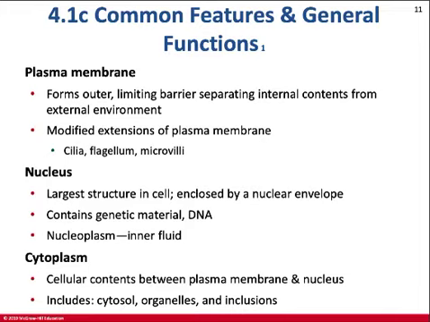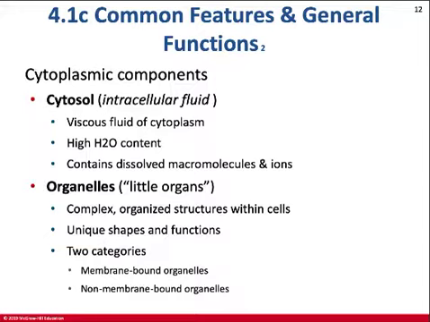Okay, the non-membranous organelles include the centrioles and centrosomes, and the cytoskeletal components and the ribosomes, while the membranous organelles are all the remaining structures. So that would be the lysosomes, peroxisomes, rough and smooth endoplasmic reticulum, the mitochondria, and the Golgi apparatus, as well as the transport and the secretory vesicles.